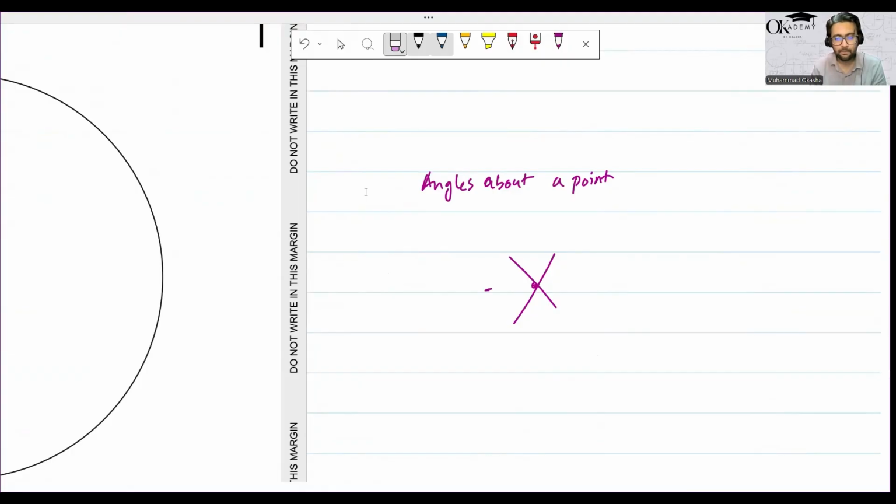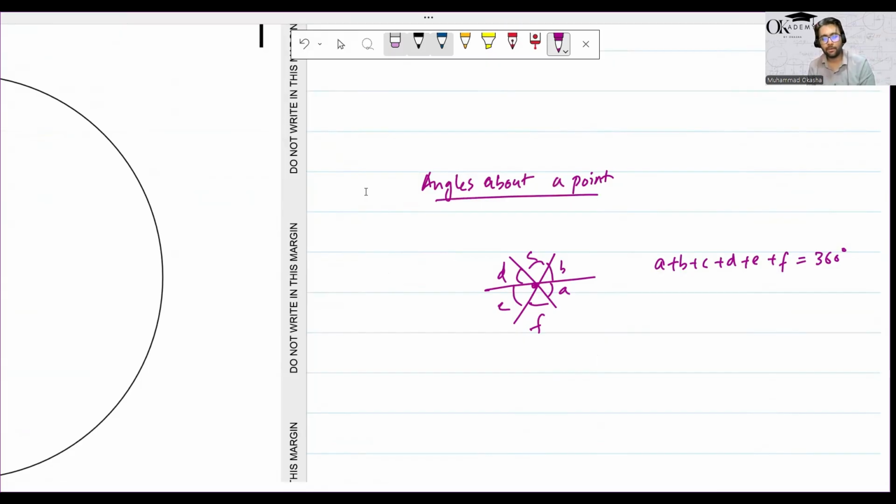So you have angle A, angle B, angle C, angle D, angle E, angle F. All of these add up to give 360 degrees. If at a point there are three angles, then angle A, angle B, angle C should add up to give 360 degrees. These are called angles about a point.